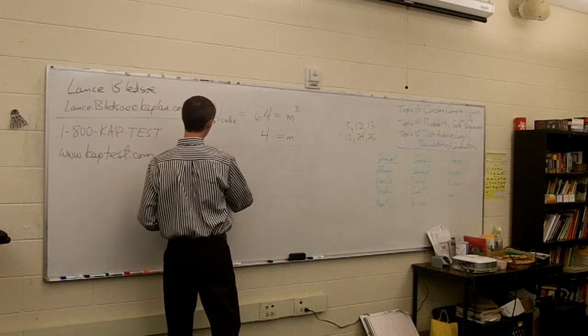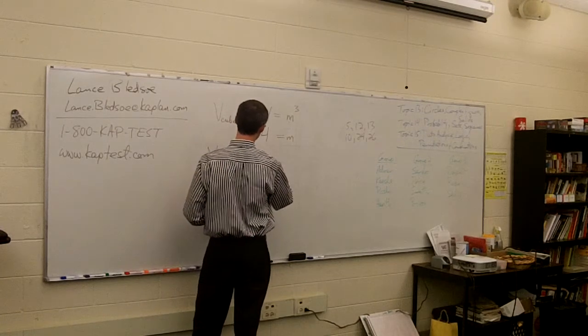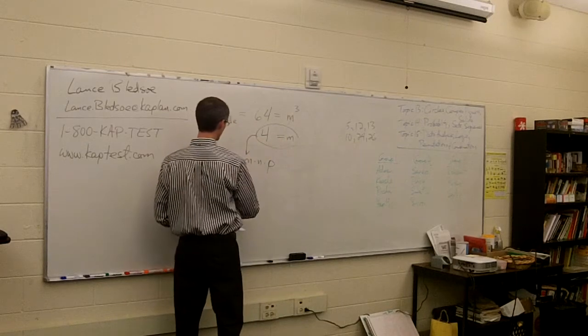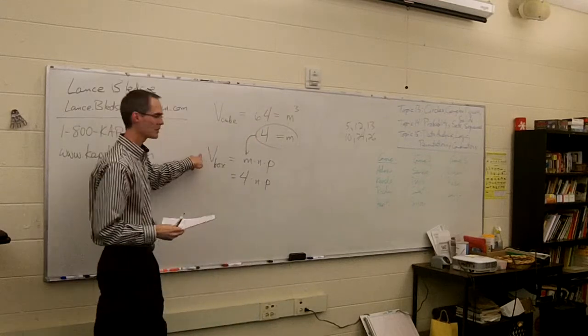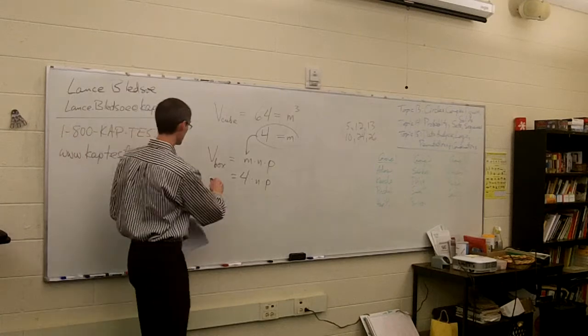Now I can go to the formula for the volume of the box, which is going to be m times n times p. Well, I know what m is, so I can plug that in here. And I also know what the volume of the box is. What's the volume of the box? 224.